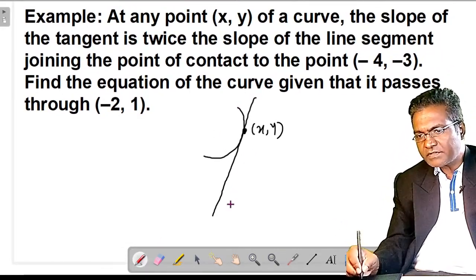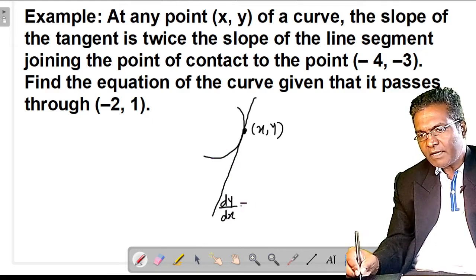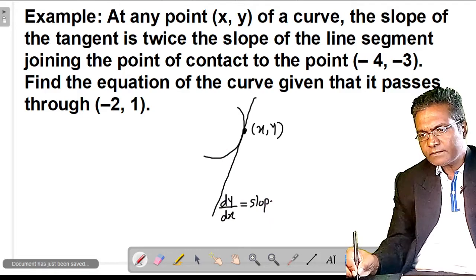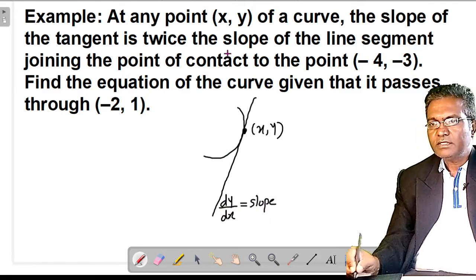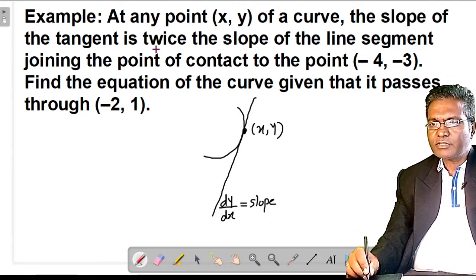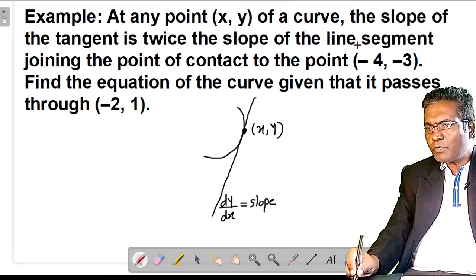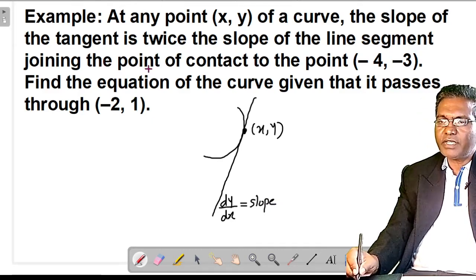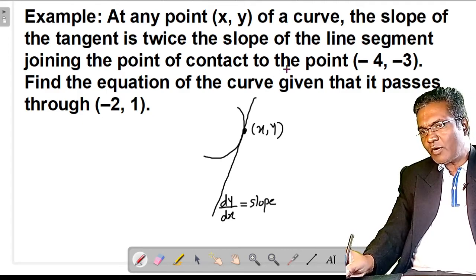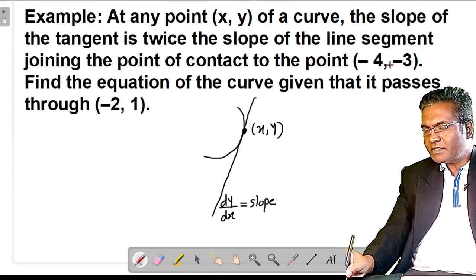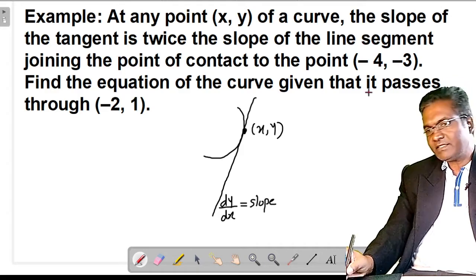Its slope is denoted by dy by dx. It is given that the slope of the tangent is twice the slope of the line segment joining the point of contact to the point (-4, -3).